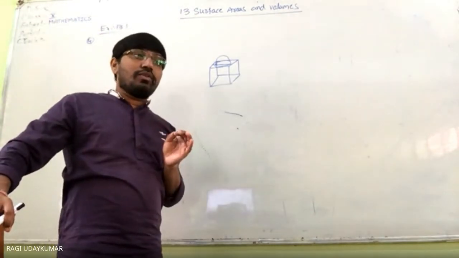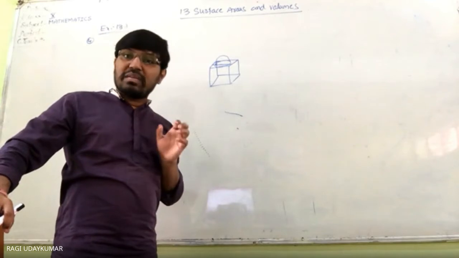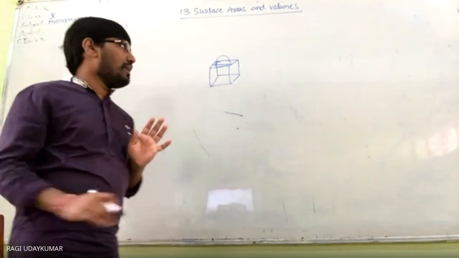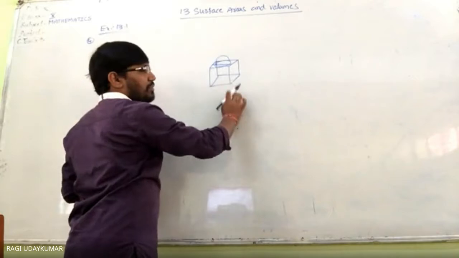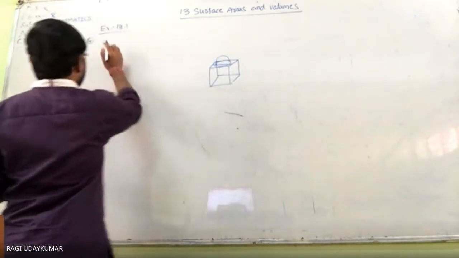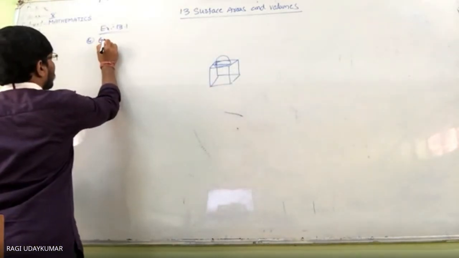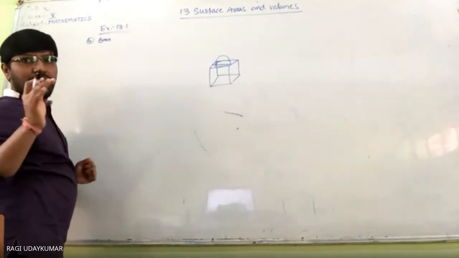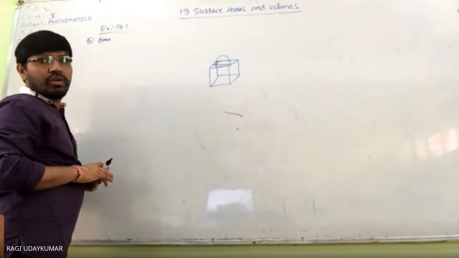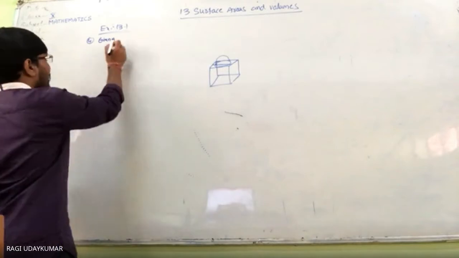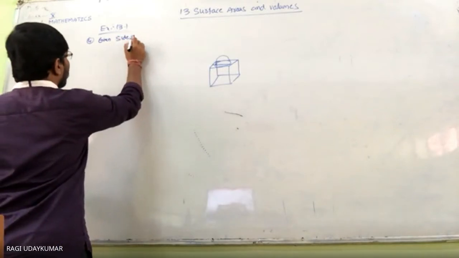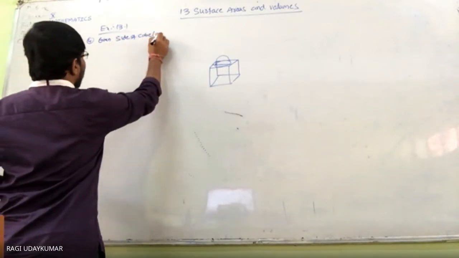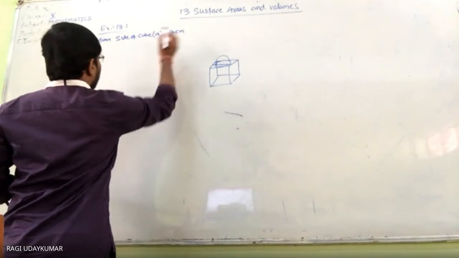And here whenever you are considering this figure, please be careful here. Normally, sir, what is the surface area of the cube? So what are the given things? Let us write. Given side of the cube is given here. So let us consider that as a is equals to 7 centimeters.